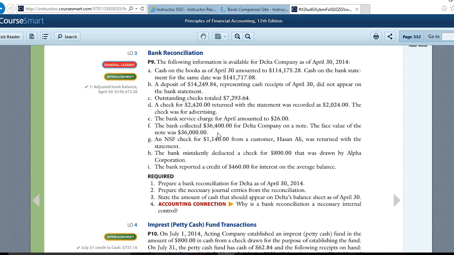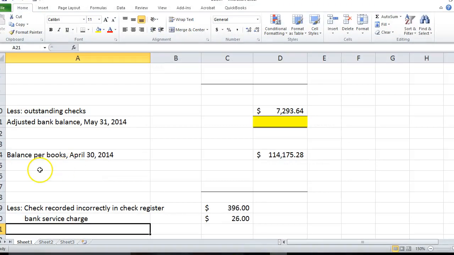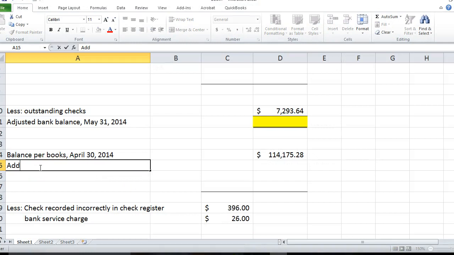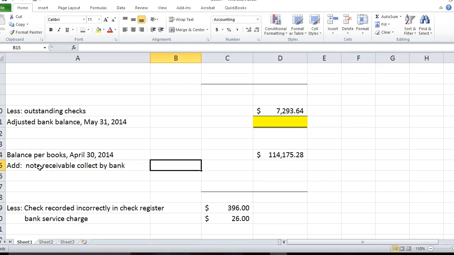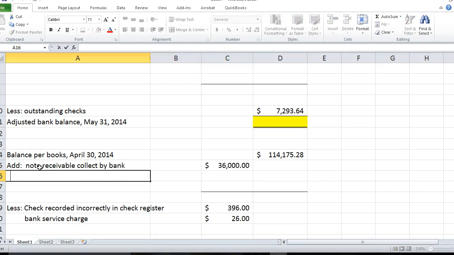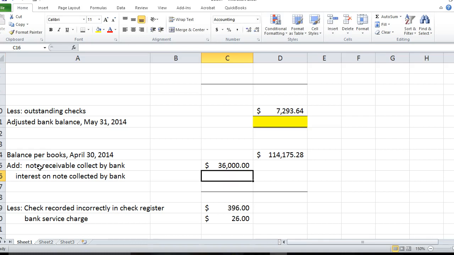The face value of the note was $36,000. So we're going to add note receivable collected by the bank of $36,000, interest on the note collected by the bank, $400. Okay?